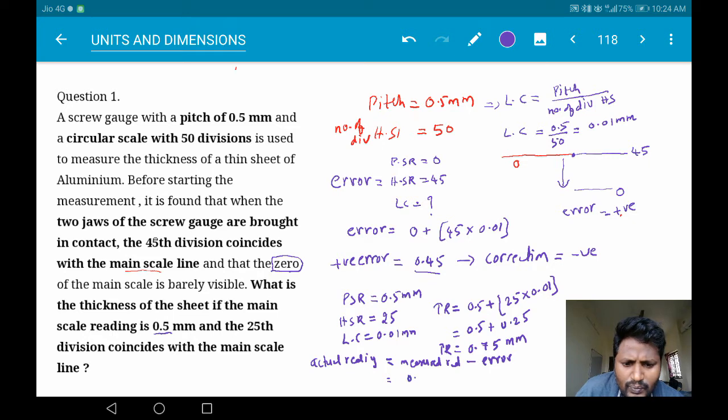So 0.75 minus 0.45. So 0.3 millimeter is the thickness of that aluminum sheet. So in this way we can find out the reading by using a screw gauge.